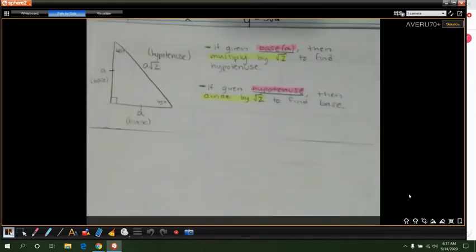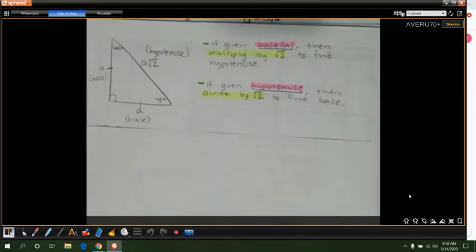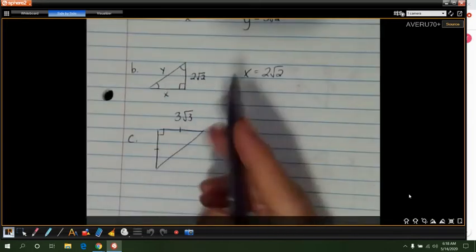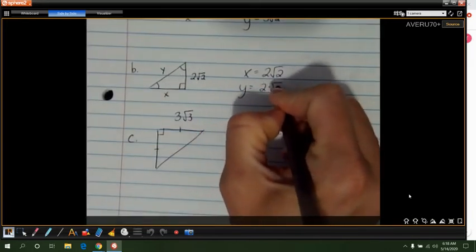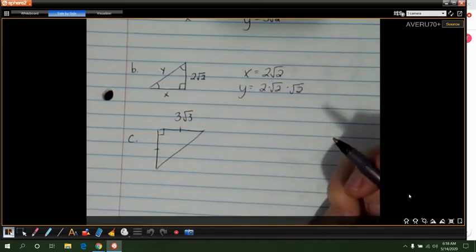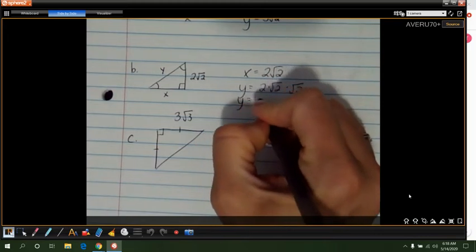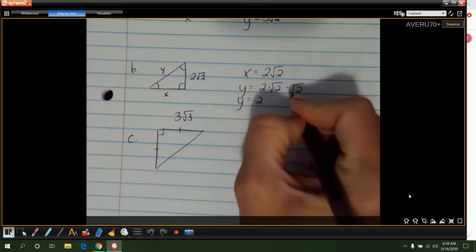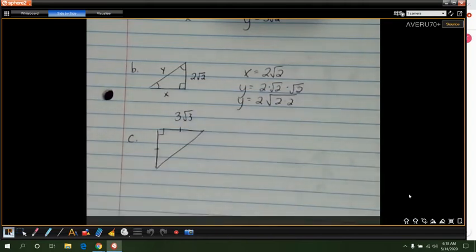If given base, then multiply by radical 2 to find hypotenuse. So I take 2 radical 2, and I'm going to multiply that by radical 2. We're going to review some multiplying radicals, and I'm going to put these twos in jail together. So if they're both in jail, they can go in jail together.